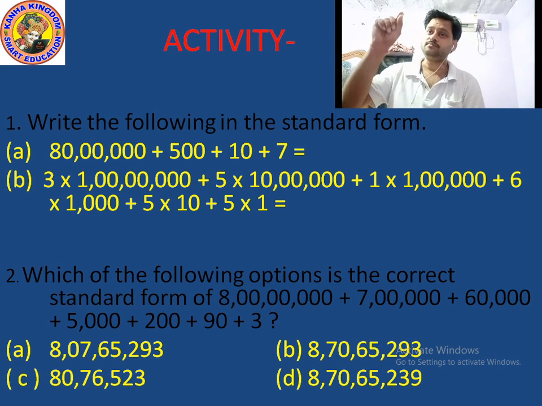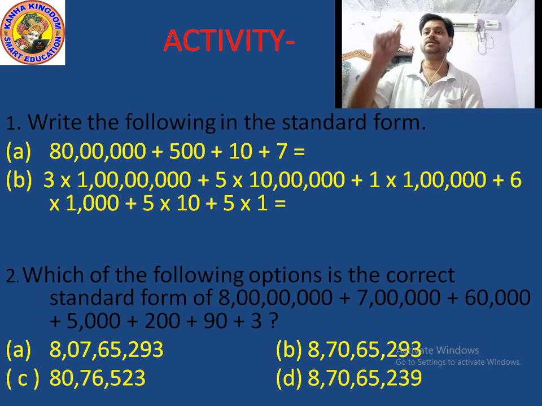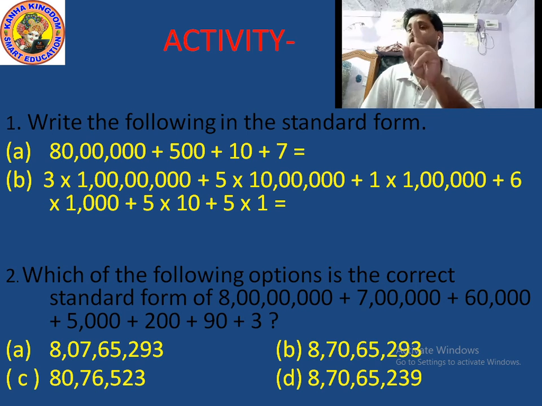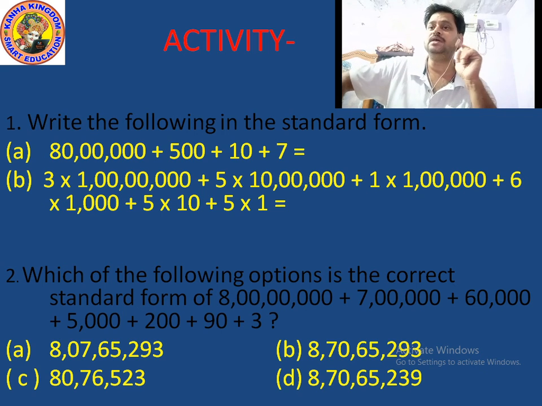Now the lakh period. In the lakh period, see, after 8 crores plus 7,00,000, here are 2 commas, and after 2 commas how many digits? Single digit or double digit? Yes, so you understand which option is correct.